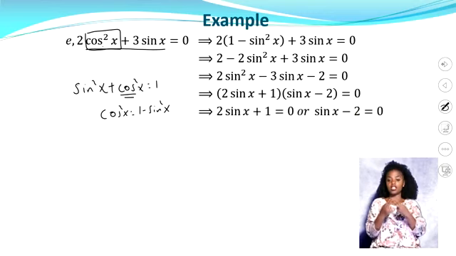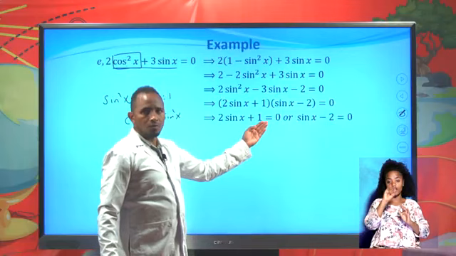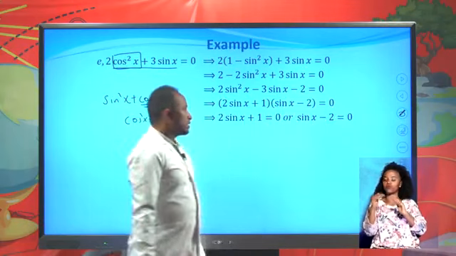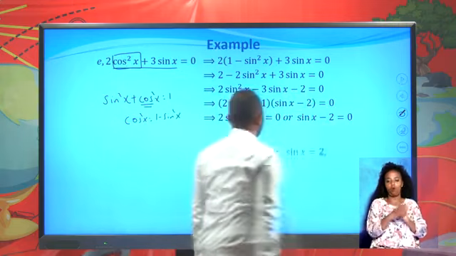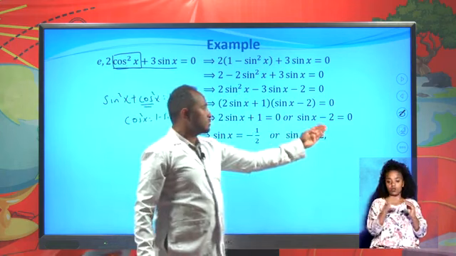The product of two numbers is 0, which means either 2 sin x plus 1 is 0 or sin x minus 2 is 0. So this gives you sin x equals minus 1 over 2 and sin x equals 2.